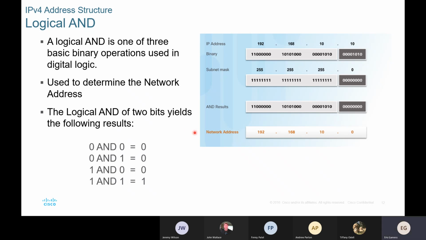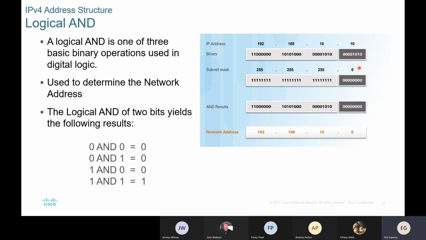So let's say, for example, a computer has this IP address, 192.168.10.10. And the net mask associated with the network is 255.255.255.0. And I would like to have the network address.